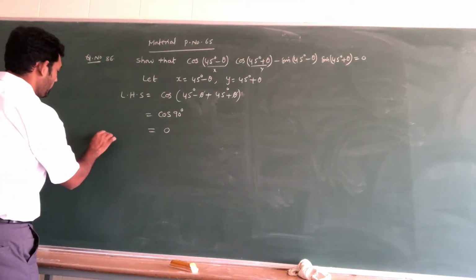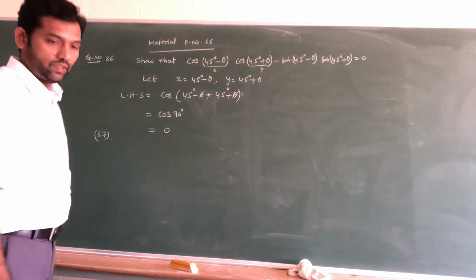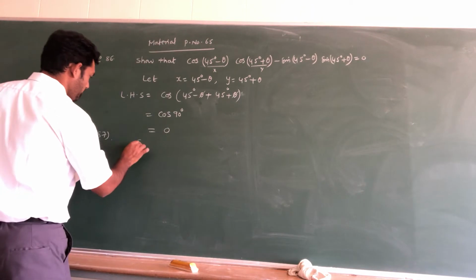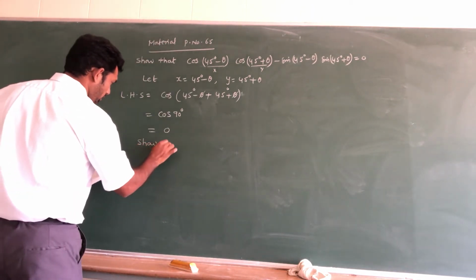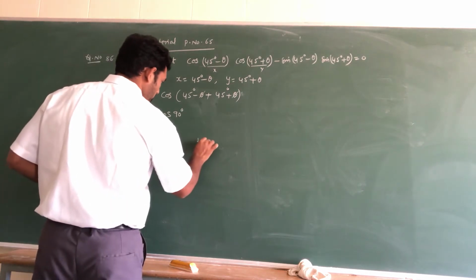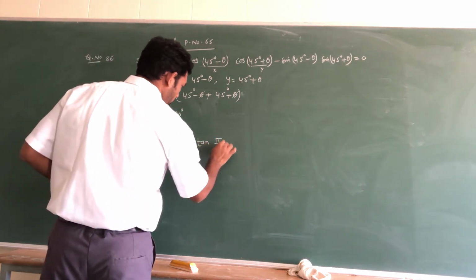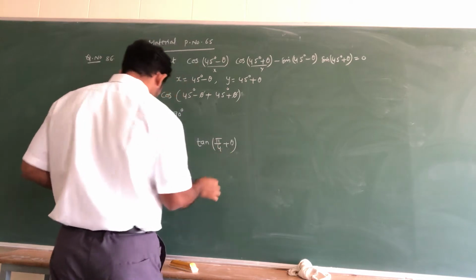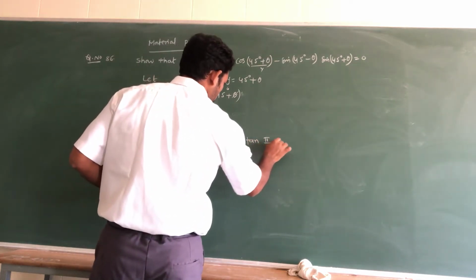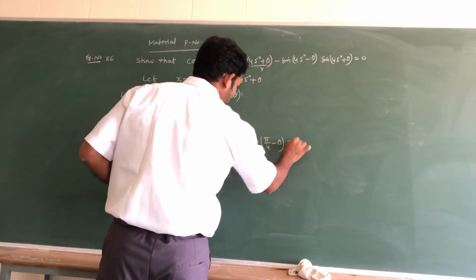Next, question number 87. Show that tan(pi by 4 plus theta) tan(pi by 4 minus theta) is equal to 1.